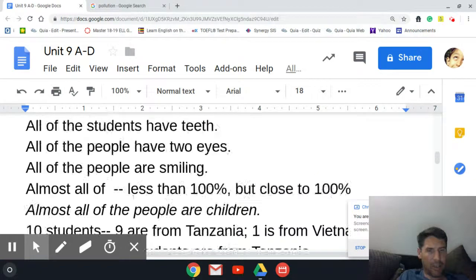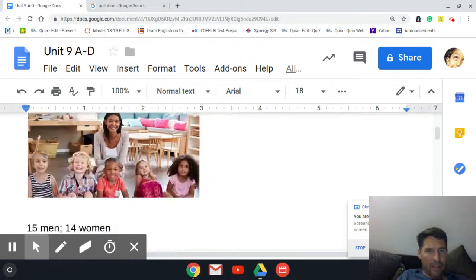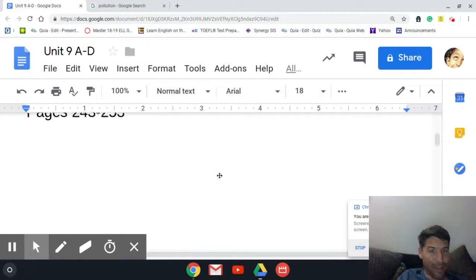Okay, then none of would be 0%. So in a picture like this, none of the people are angry. I don't think. None of them at least look angry in the picture.